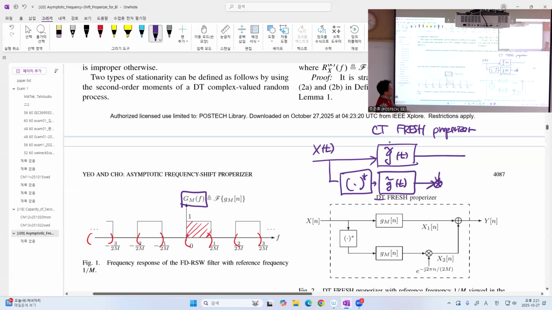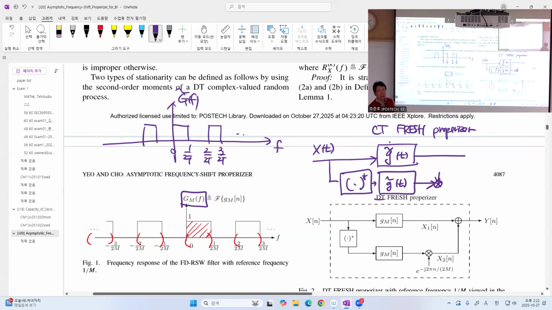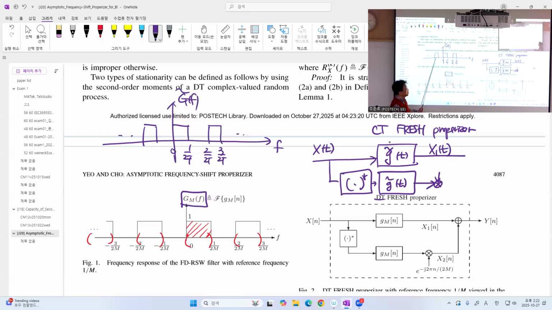Now, let's see what is the output. So what we assume is that in the continuous time case, G tilde of f has passbands like this. Got it? So this x1 of t is the component of x of t on these subbands, right?